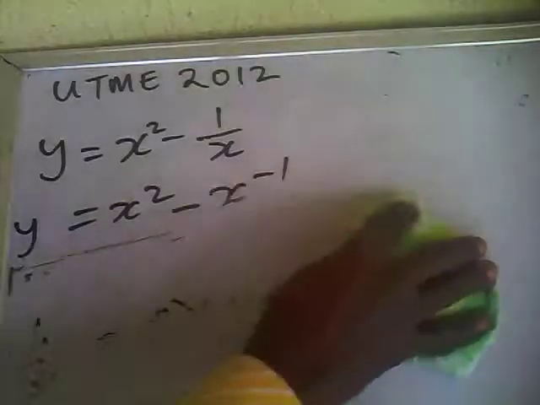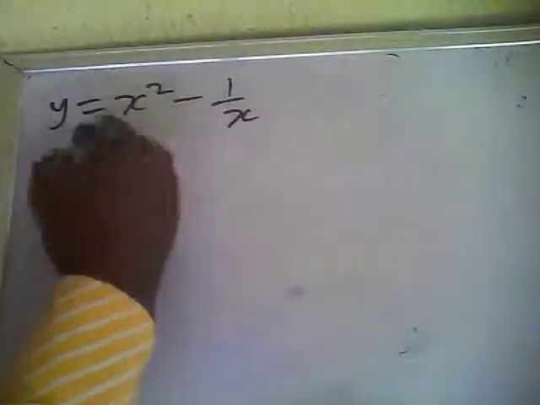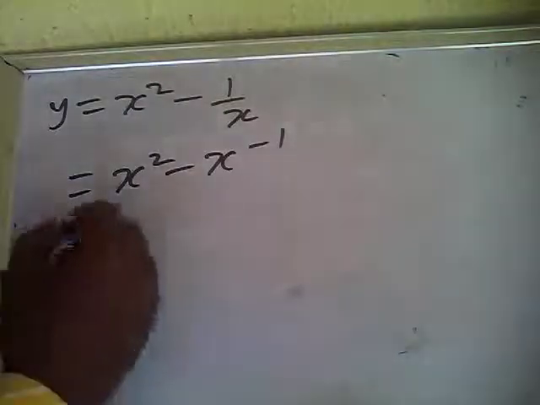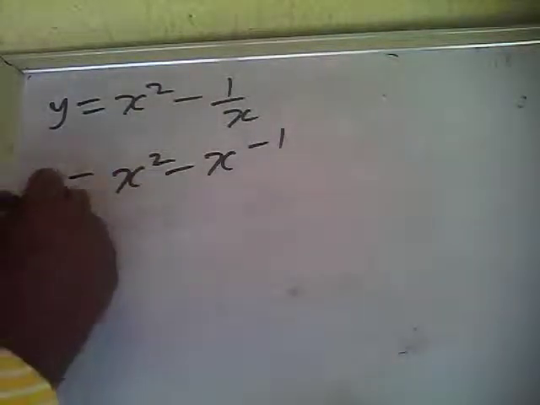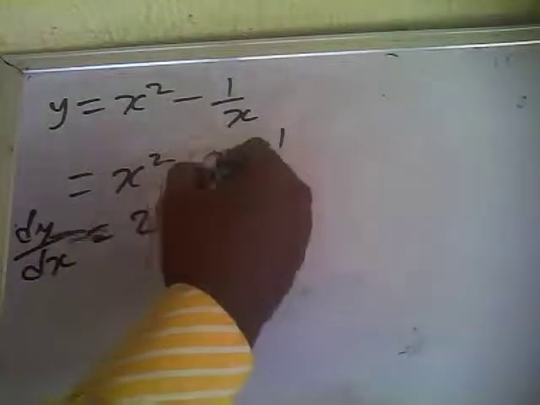Now let's solve this problem fast because of our time. We have y equals x squared minus 1 over x, which is x to the power 2 minus x to the power minus 1. When we differentiate this, dy/dx equals 2 multiplied by x to the power 2 minus 1.